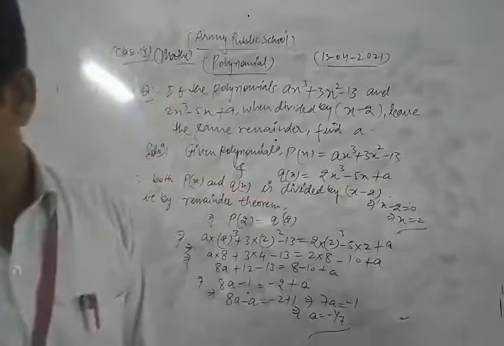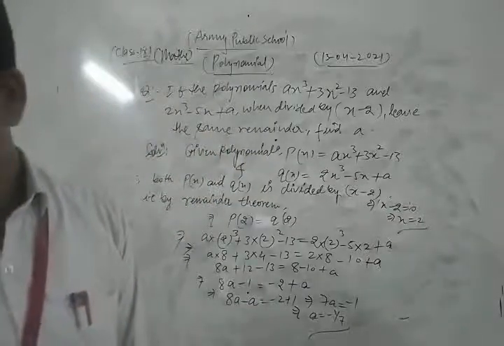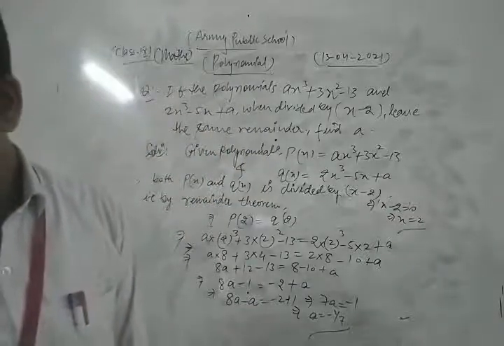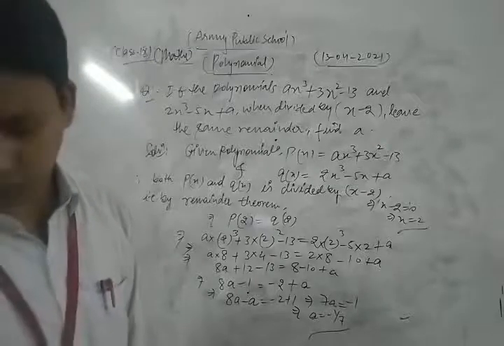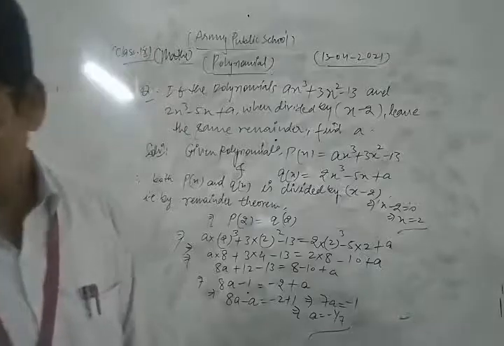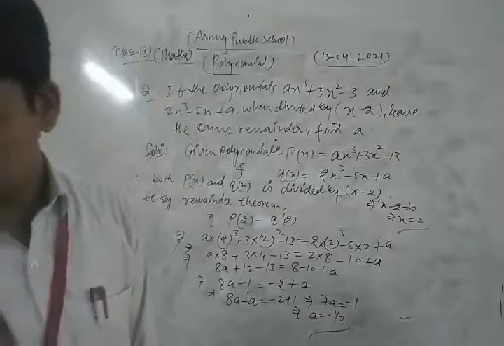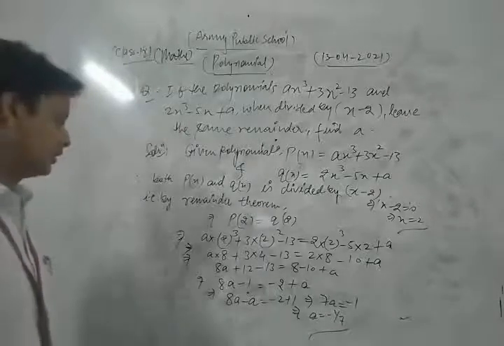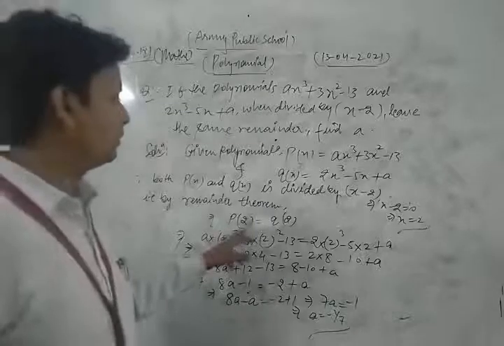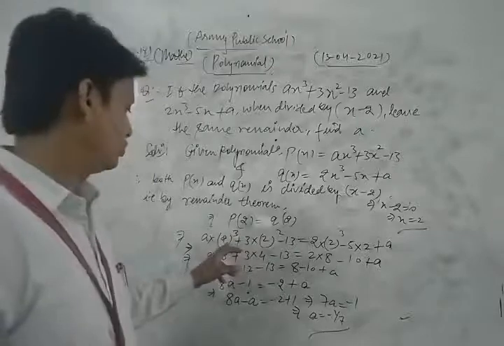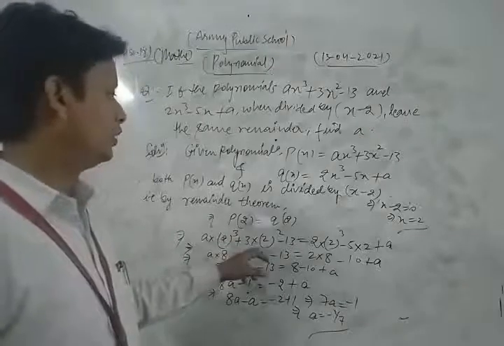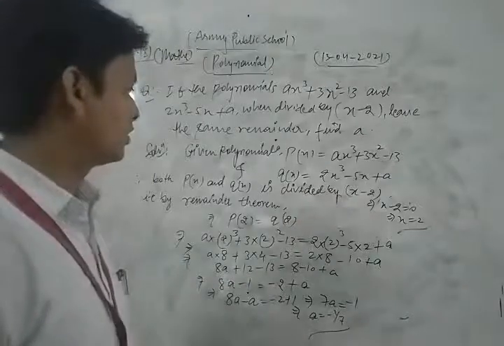Value of a is what? Ax cube, 2x cube minus 5x. Okay, let's see once more. Here in p(2) we replace x by 2, so 2 cube, plus 3 into 2 square, minus 13, and 2x cube.